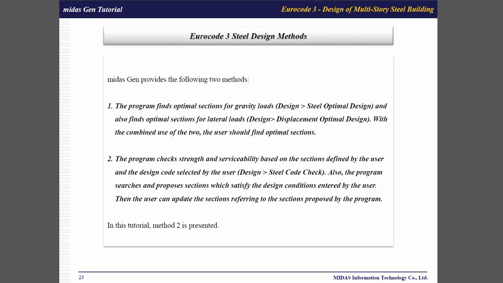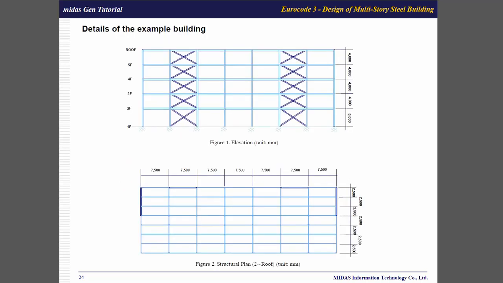The second method is that the program checks the strength and the serviceability based on the sections defined by the user and the design code selected by the user. Also, the program searches and proposes sections which satisfy the design conditions entered by the user. Then the user can update the sections referring to the sections proposed by the program. In this tutorial, we'll use method number 2.